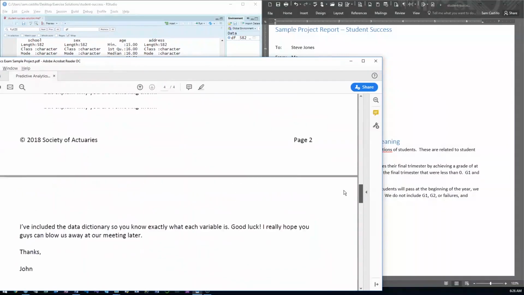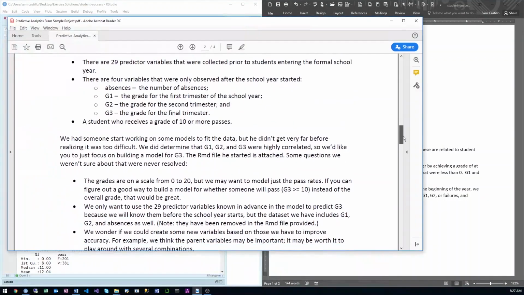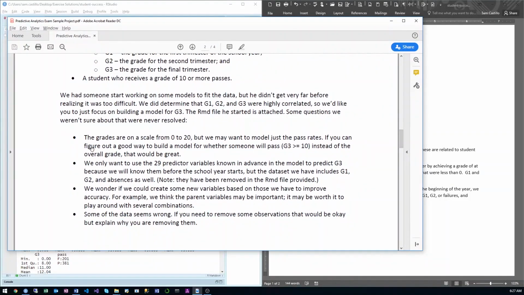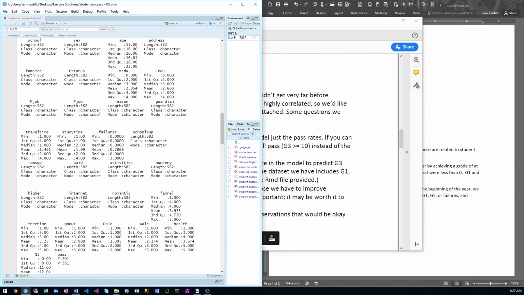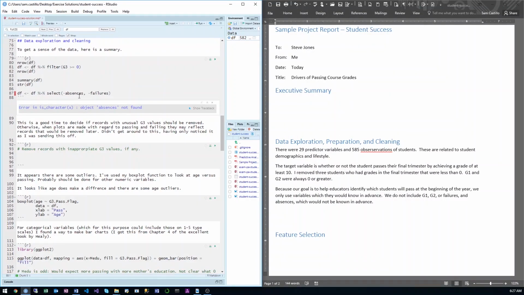Okay, I'm just going to go back and read again. Okay, so we have completed tasks 1 and 2. Let's go back and actually remove them. So say df is equal to df and select minus absences, failures, and I cannot spell absences.